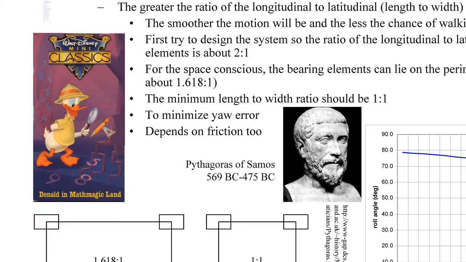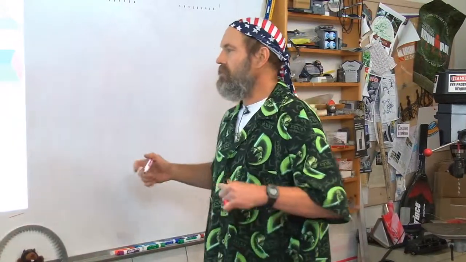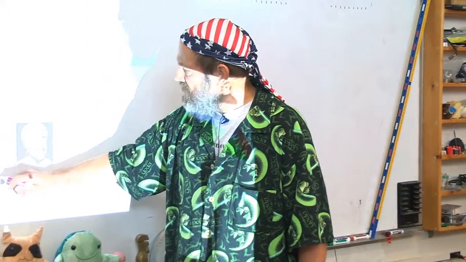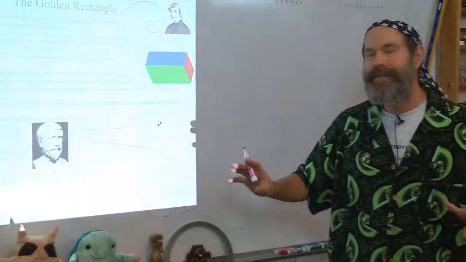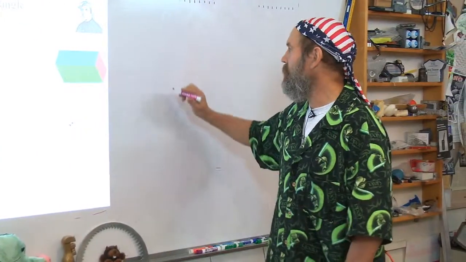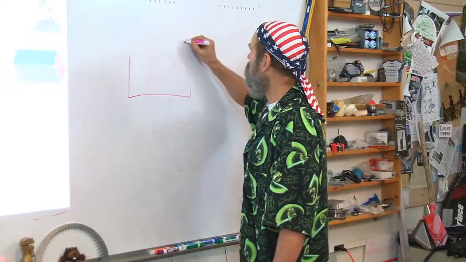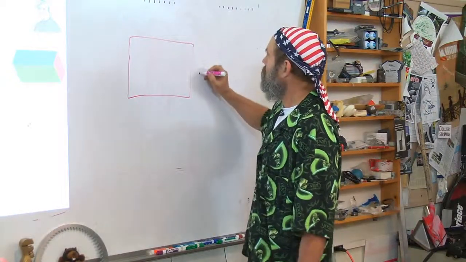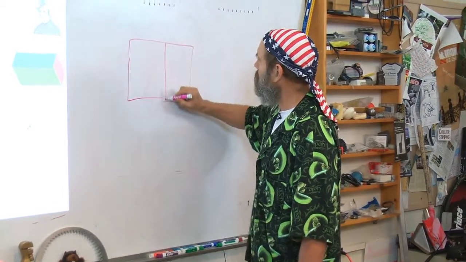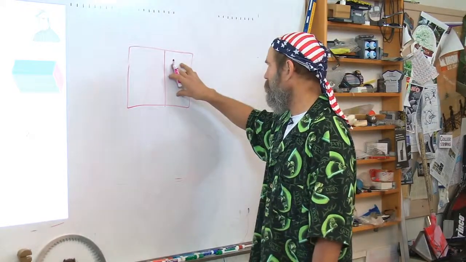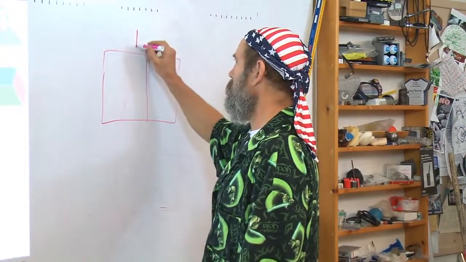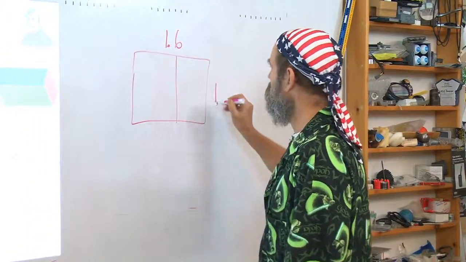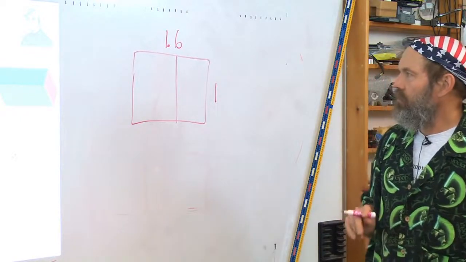Smart dude, 2,600 years ago, said, wow, you can find very interesting things in nature that look good that actually work really well too. And if you take a rectangle and you cut a square from it, and you get the same rectangle, the same proportions as the original rectangle, it turns out those dimensions are about 1.6 to 1, that looks good.